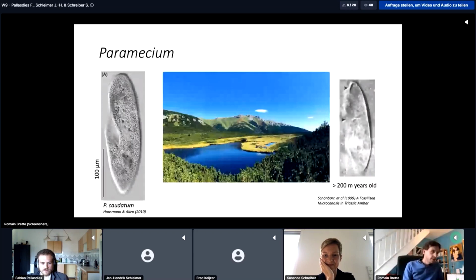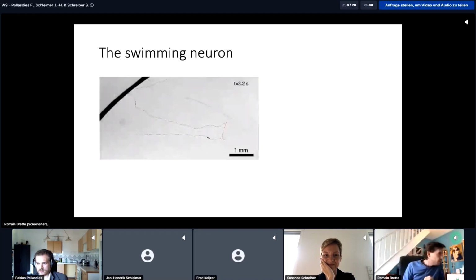And here is a trajectory of Paramecium, swimming on a Petri dish. It swims in spirals, and you can notice sometimes that it changes direction. This is called the avoiding reaction.